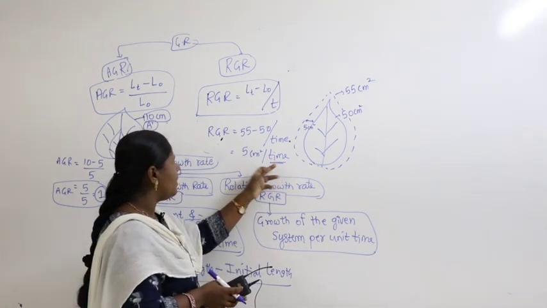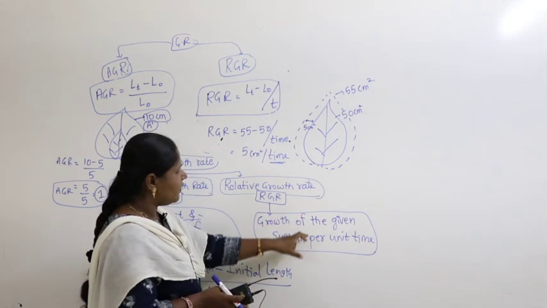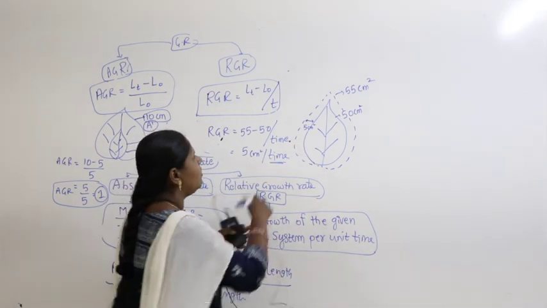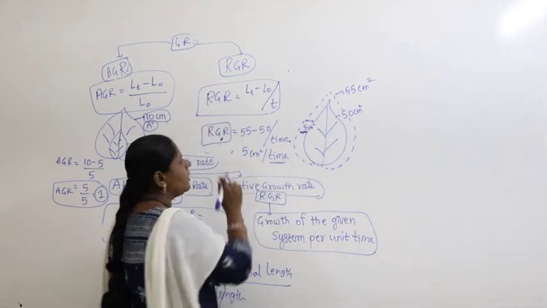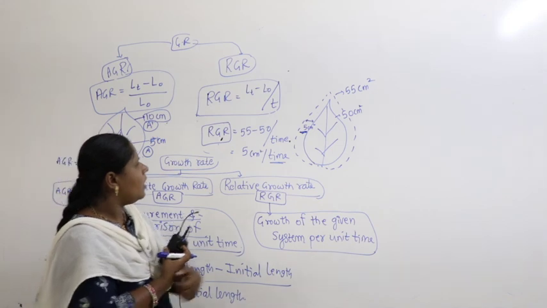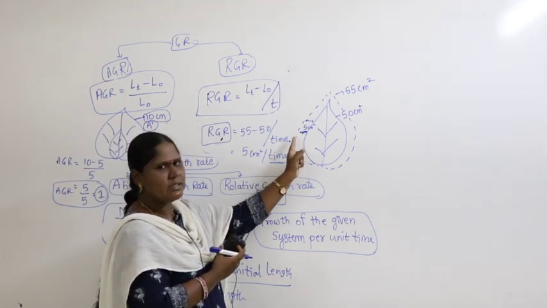For 1 week, the actual growth of the given system per unit time, how much growth has taken place at that time, that itself is called relative growth rate. Here how much got increased means 5 centimeter. This is the growth of the given system.